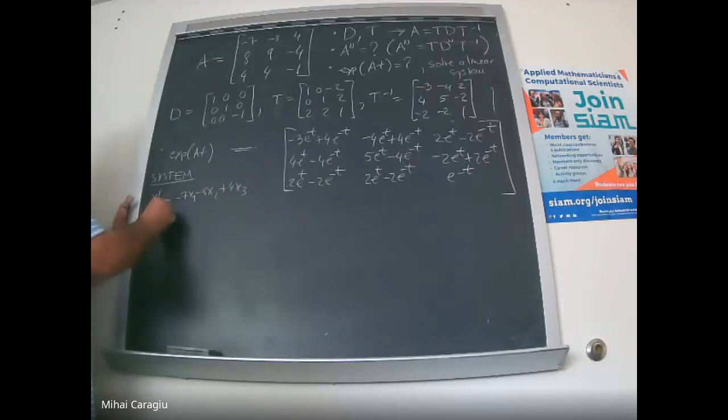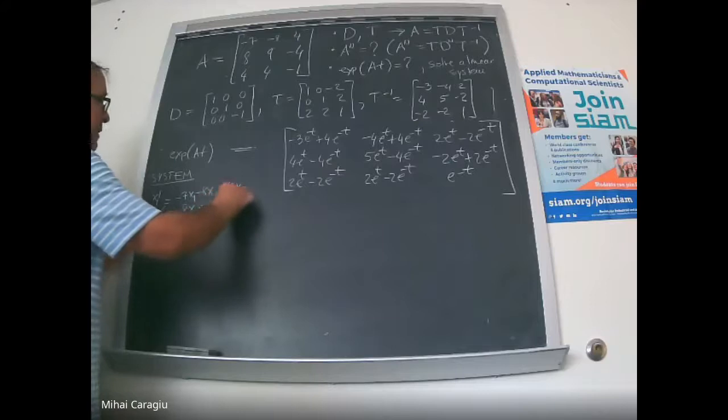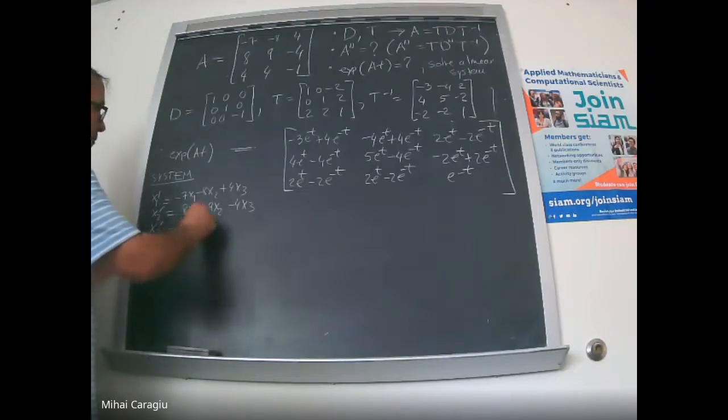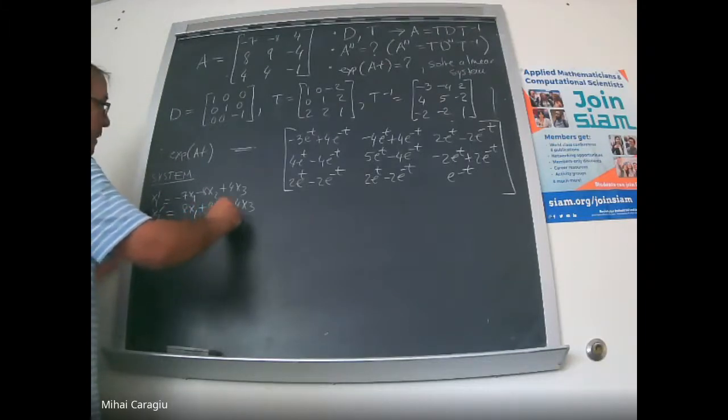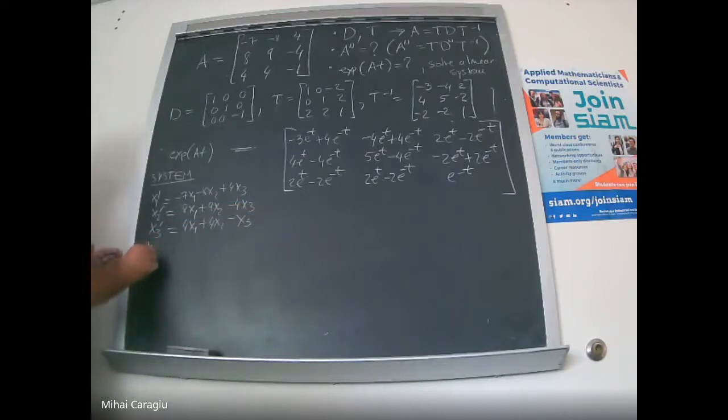X2 prime equals 8x1 plus 9x2 minus 4x3, and x3 prime equals 4x1 plus 4x2 minus x3. Okay, since we got here, let's put very simple initial conditions.